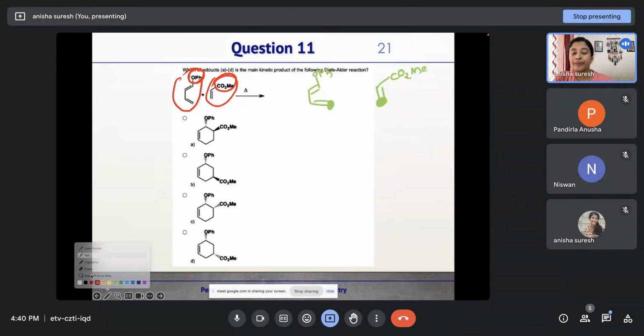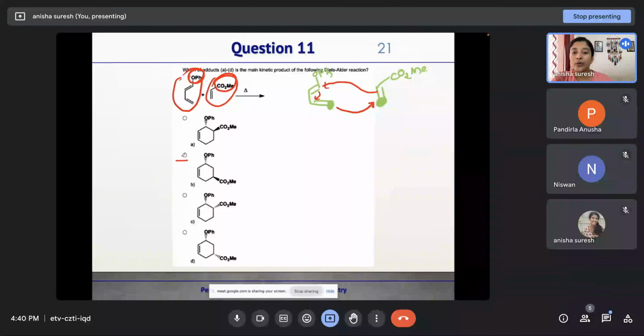So we can see this is the electron rich part of the diene and the electron deficient part of the dienophile. So the diene will be attacking the electron deficient side of the dienophile, and it will go and attack here. So we will get an ortho product.